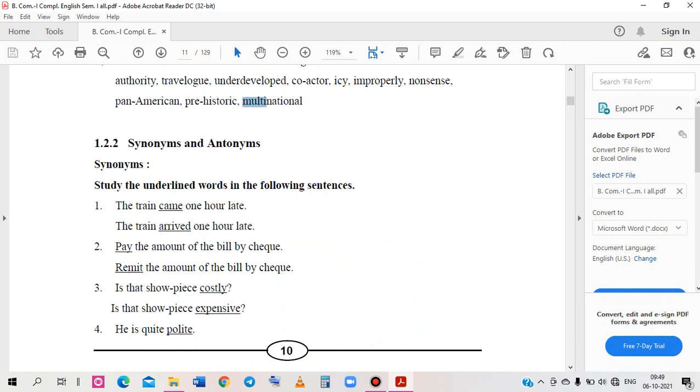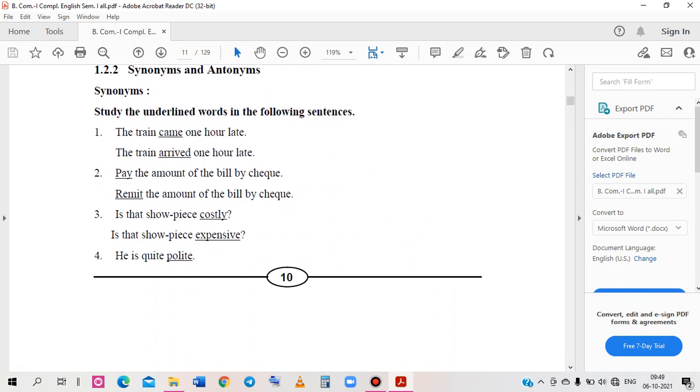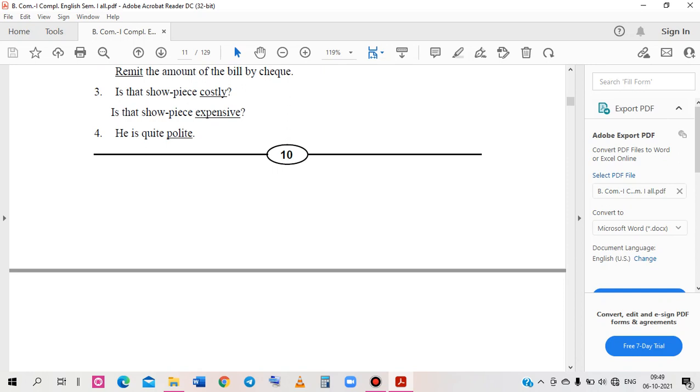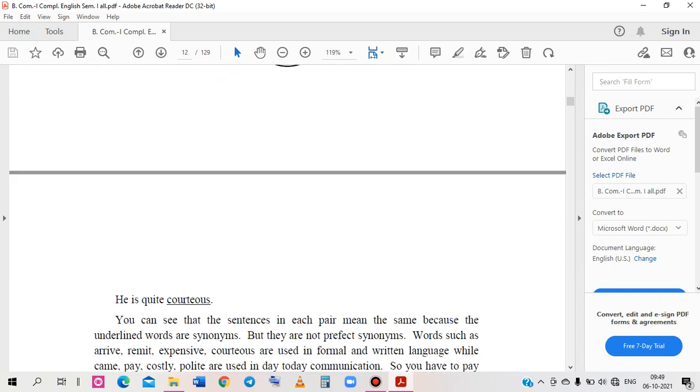Pay the amount of bill by check. Remit the amount of the bill by check. Is that show piece costly? Is that show piece expensive? So these underlined words are the synonyms. Came, arrived, pay, remit, costly, expensive. He is quite polite. He is quite courteous. So polite and courteous are the synonyms.